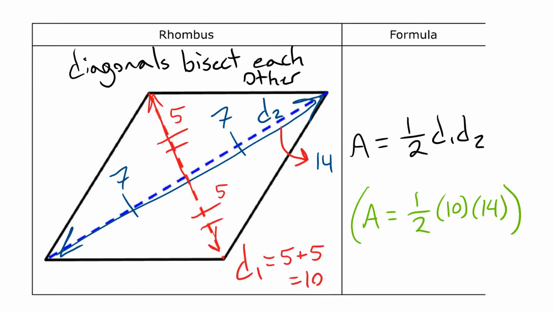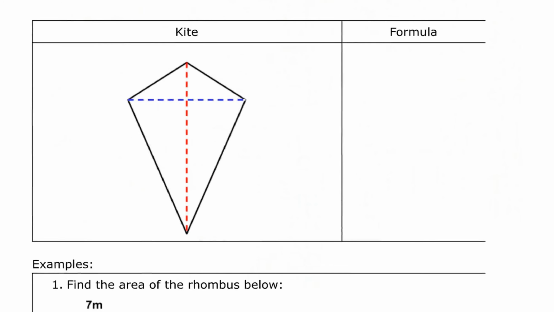Okay, a kite is actually very similar. It has two diagonals. I'll use the same color coding here. Let's call them D1 and D2. And you'll notice that D2 is bisected, but D1 is not. So only one of the segments is actually bisected here. So we can't just add up two different parts.